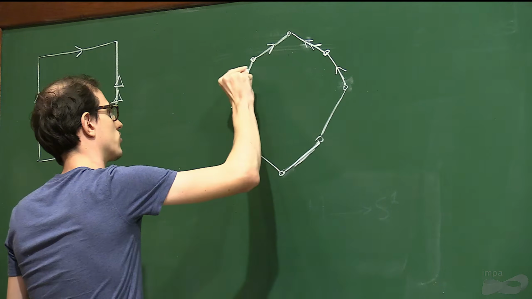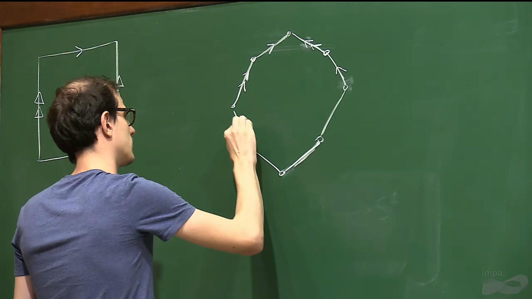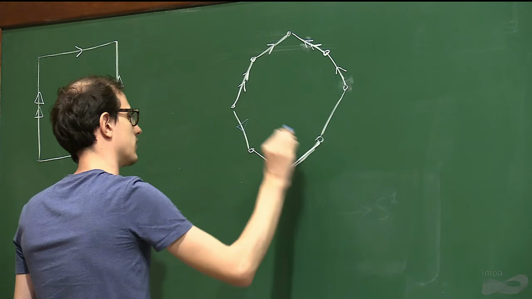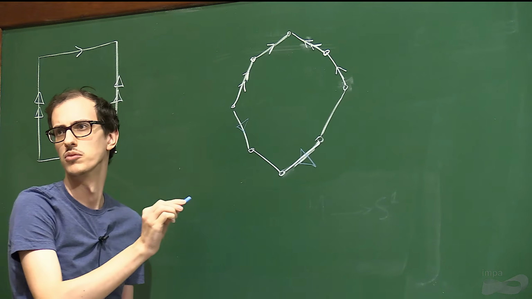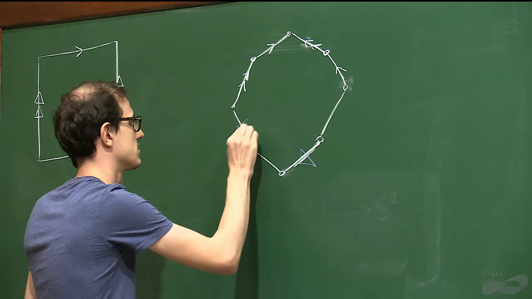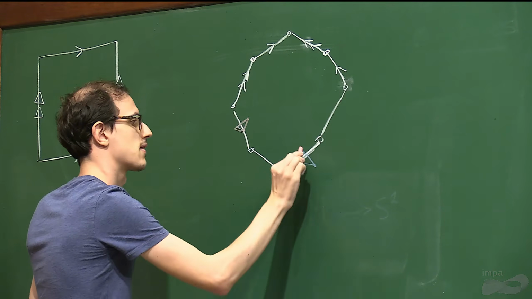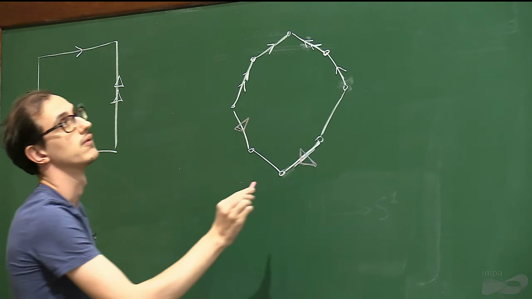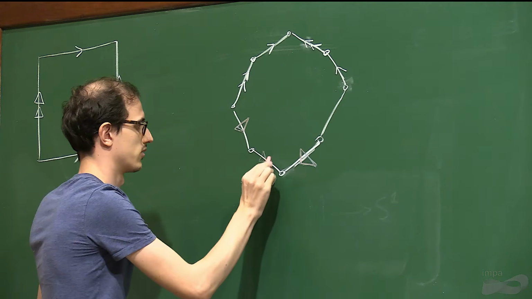Maybe I should have used colors. Let's see if this works. Is it visible? Yes, more. Okay, let's try this. Is this better? Okay, I'll use the same color again.